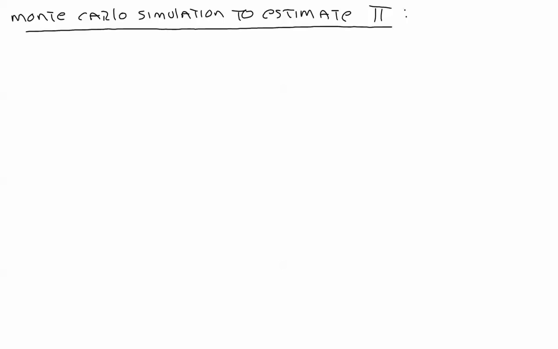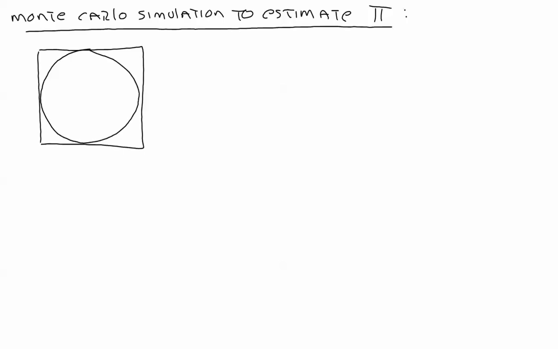All right. So let me set up the geometry of the problem. So I've got a square, and I've got some inscribed circle. The radius is r.